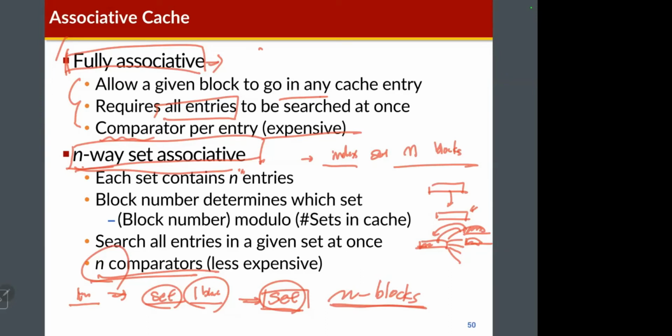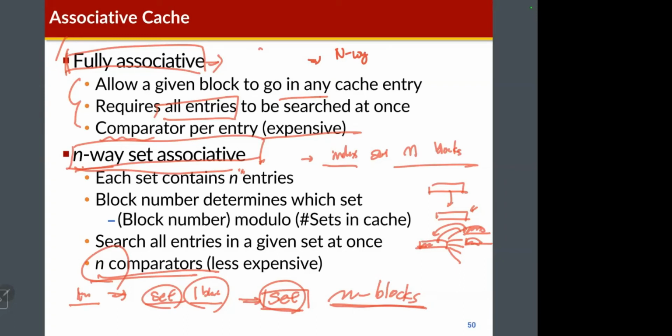We can also configure our cache as a fully associative cache. A fully associative cache is similar to the n-way set associative cache, but n is equal to the total number of blocks in the cache.